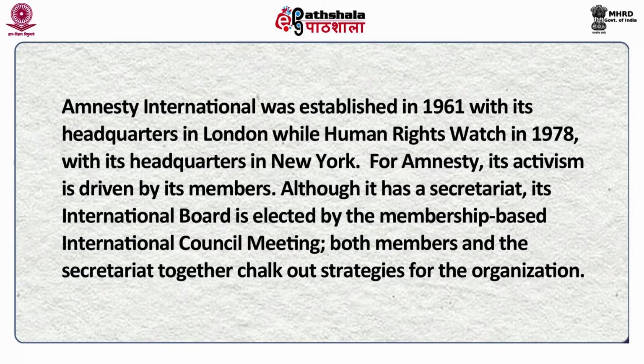For Amnesty, its activism is driven by its members. Although it has a secretariat, its international board is elected by the membership-based International Council meeting. Both members and the secretariat together chalk out strategies for the organization.